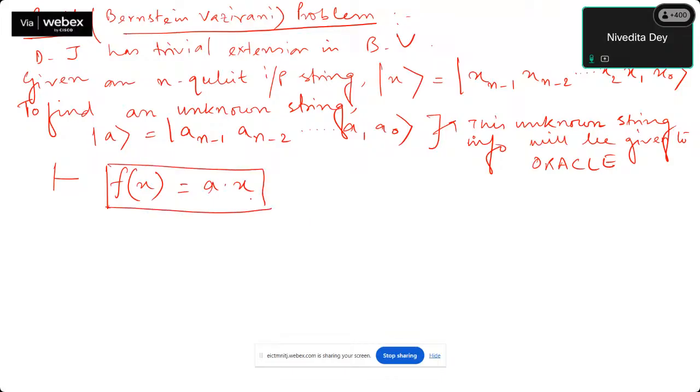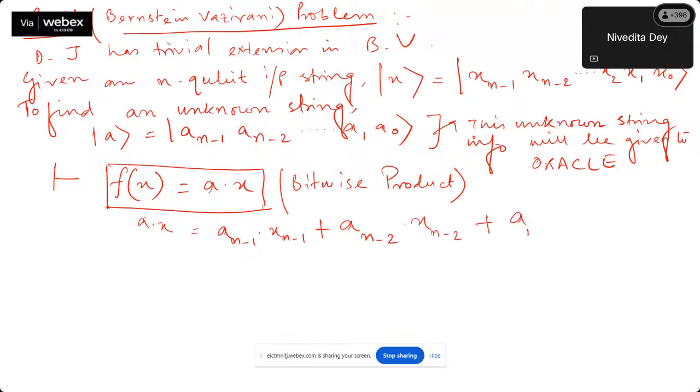It is the bitwise product. Meaning a dot x is nothing but a_{n-1}x_{n-1} plus a_{n-2}x_{n-2} plus a_{n-3}x_{n-3}, likewise up to a_0x_0. You have to find the unknown string such that f(x) equals a dot x.